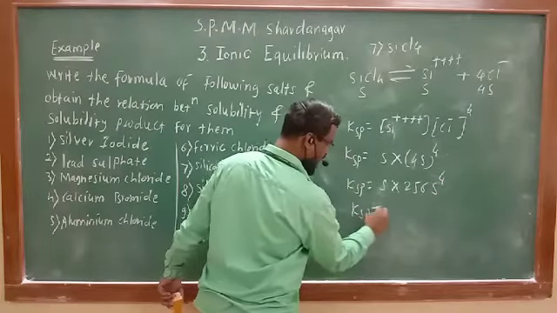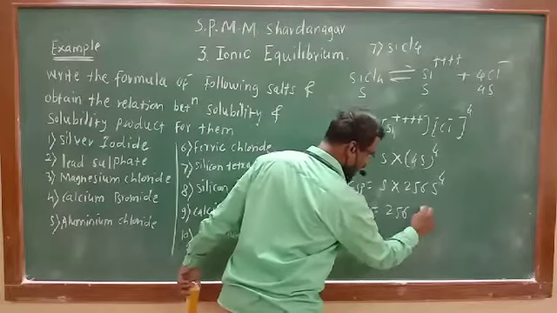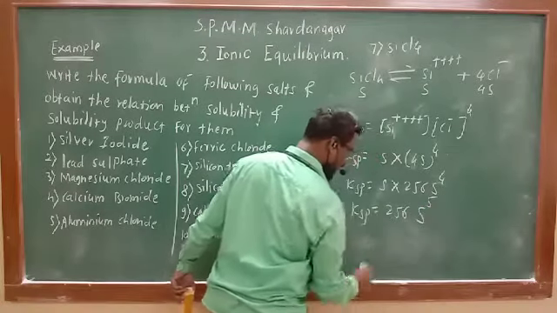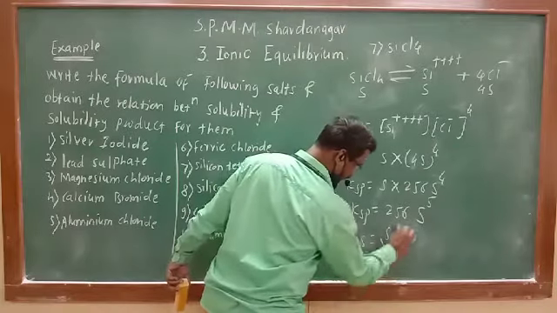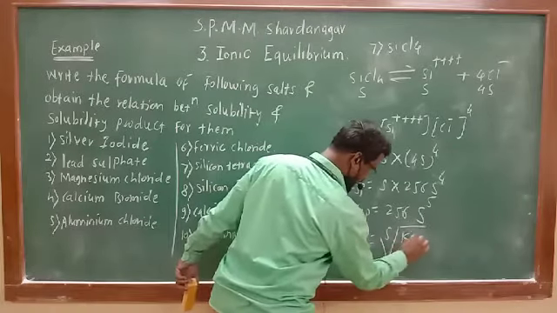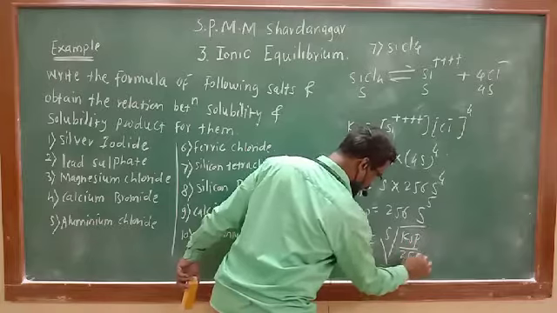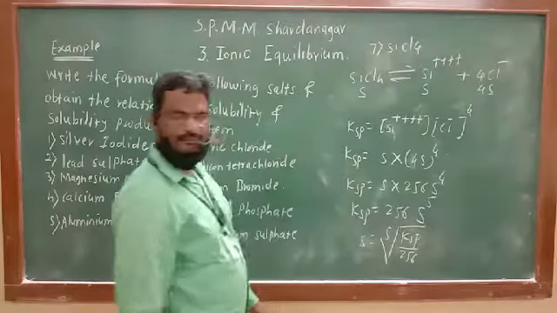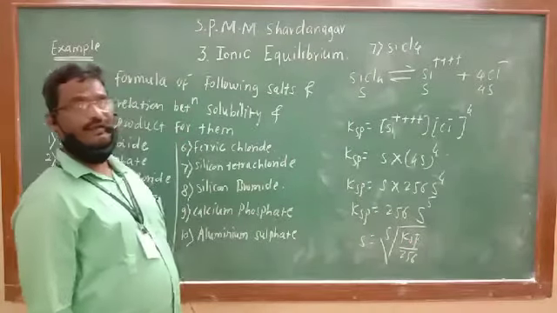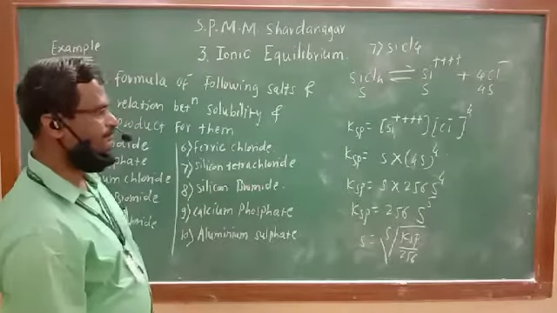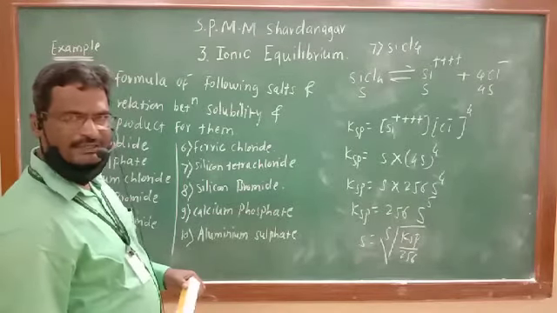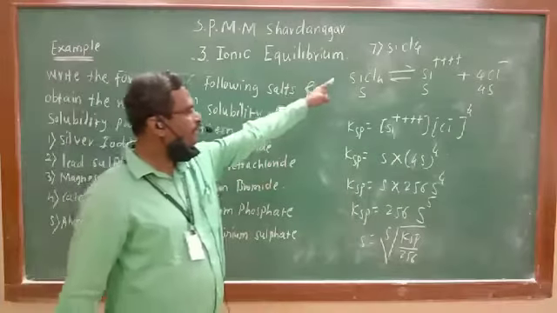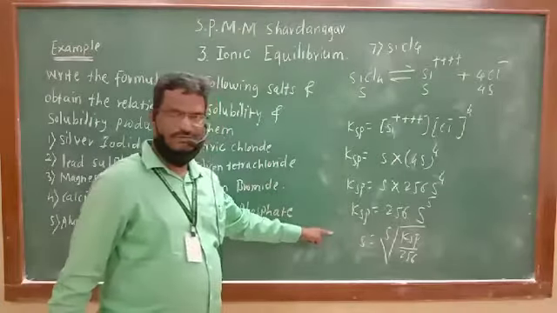Therefore, Ksp is equal to 256s raised to 5, or s is equal to the fifth root of Ksp upon 256. This is the fourth type of salt. If we know BA4 analysis, we can write the analysis of SiCl4.